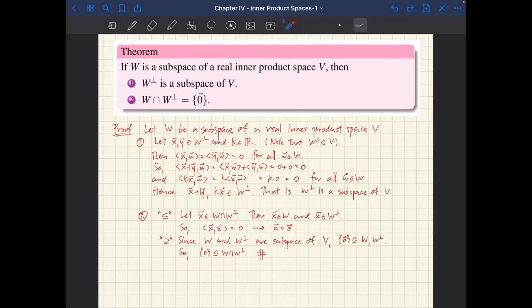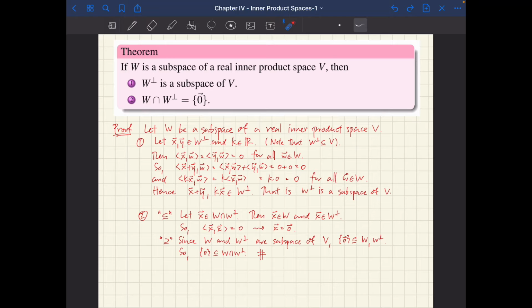For the first one, we let x be in W intersect with W perp. Then from the definition of the intersection of sets, it means that x is an element in W and in W perp, right? What does it mean that x is in W perp?